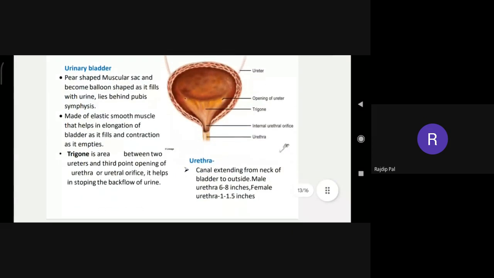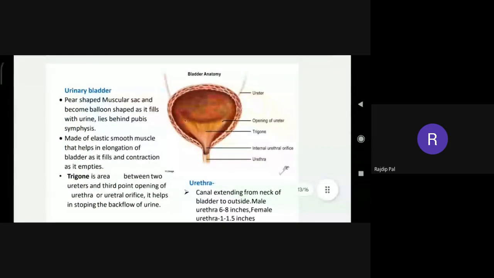Next is urinary bladder. It is a pear-shaped muscular sac and becomes balloon-shaped as it fills with urine, and lies behind the pubis symphysis. Right?